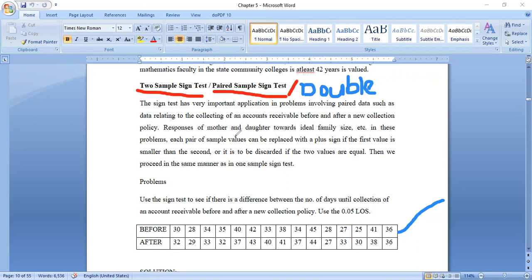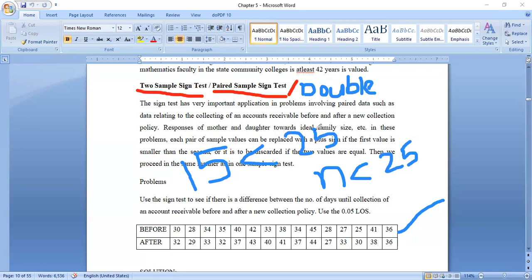So here in a two sample sign test, 15 values are given in the question, before and after. What we have to do is simply check whether n is greater than 25 or less than 25. N is less than 25, as only 15 values are there. 15 is a small number when comparing with 25.